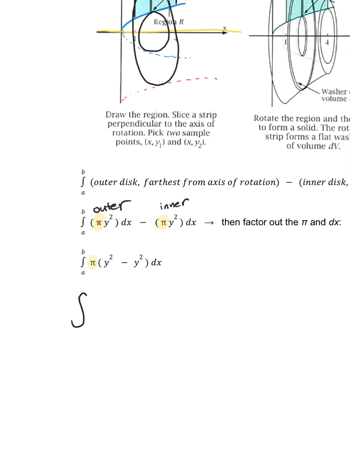Our limits are given to us from 1 to 4. We're going to factor out the pi. We need 3 sets of parentheses. There's our dx out here. So we need y squared minus y squared. We plug in our outer function here, which of course is our decreasing exponential function.